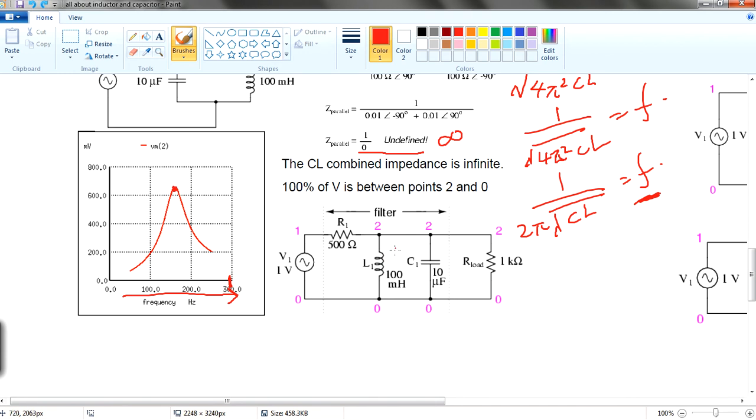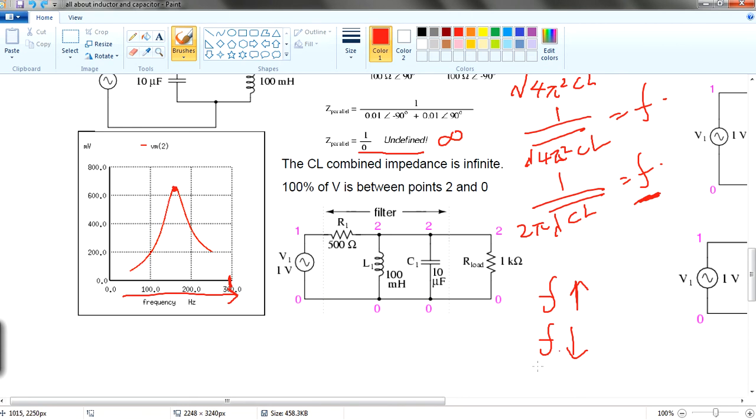But the keynote I want to convey here is there are 3 things. If the frequency is high, it's going to go down. If the frequency is low, you're going to have a thing going up.